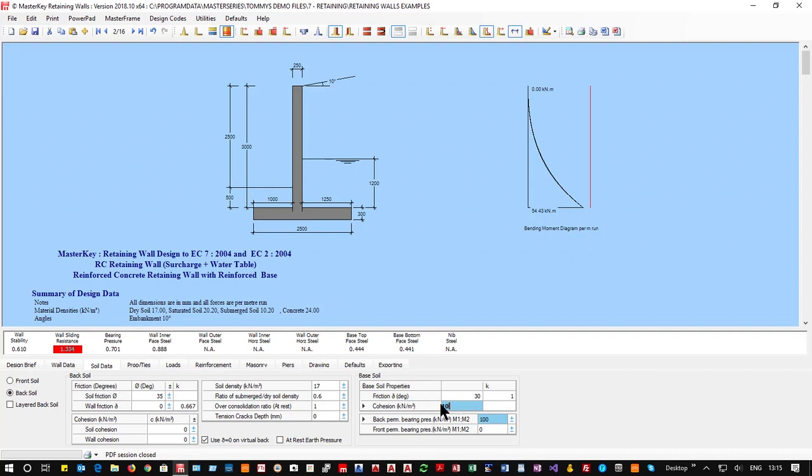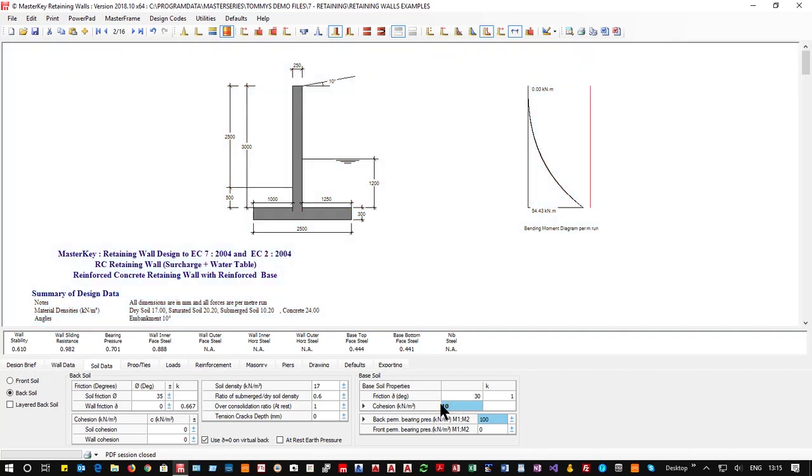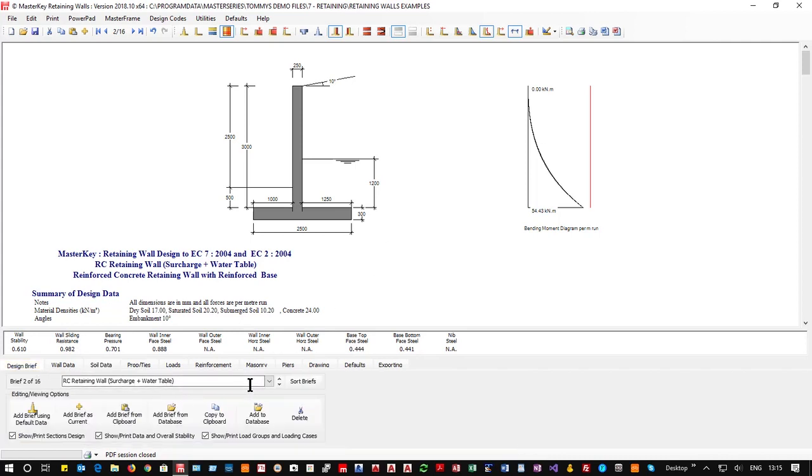I'm going to put a cohesion of 10, and that's usually enough. So if you're building onto a clay, you can quite easily argue that you've got at least 10 kilonewtons per meter square of cohesion on that, and it gets you out of that little trouble. Some would argue it's a cheat, but no, if it's properly done, that is totally valid.